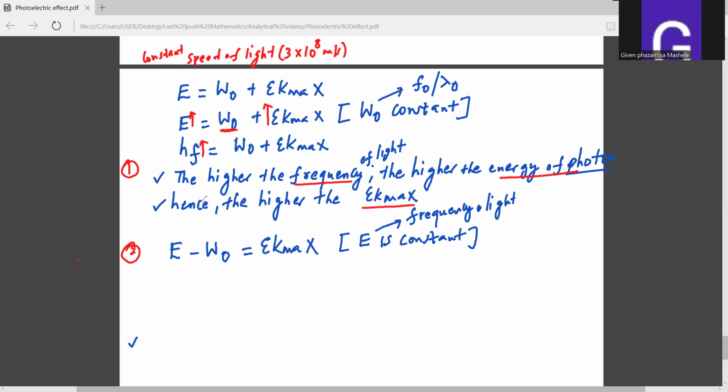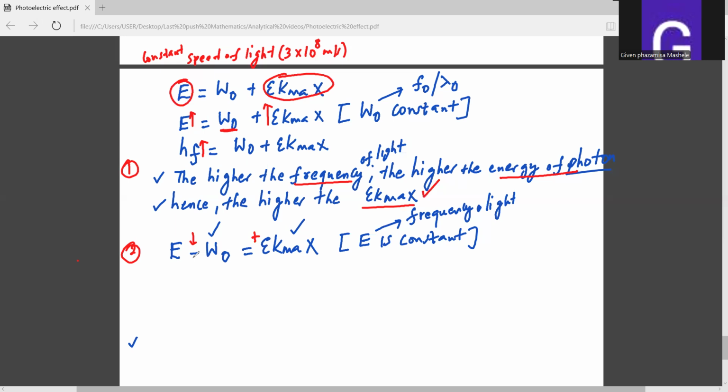Now, look at this. If I'm comparing W naught and EK maximum, these two have a negative sign in between. This one the sign is negative, I'm saying opposite sign, this one is positive. What does this mean? It means work function and EK maximum are inversely proportional, unlike frequency and EK maximum and E, which are directly proportional.